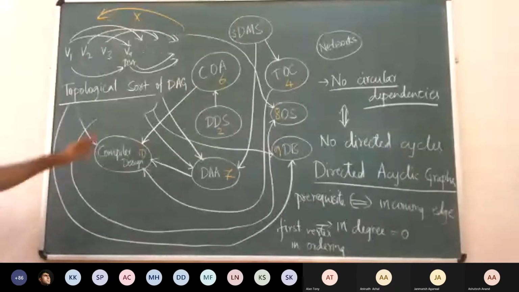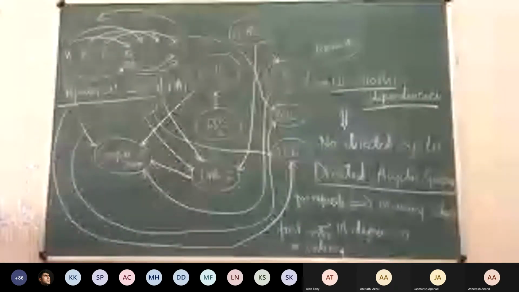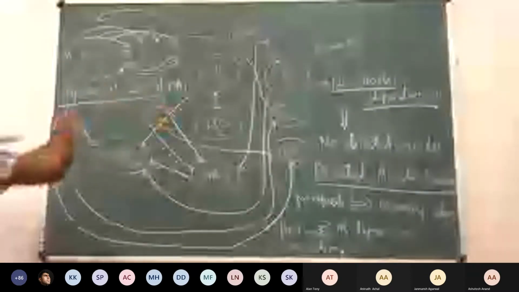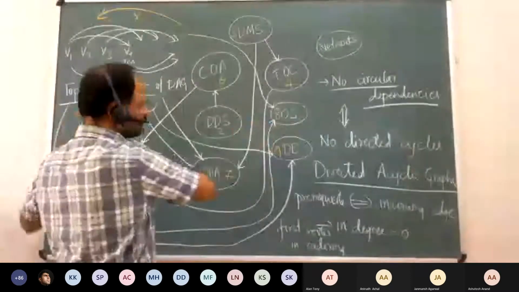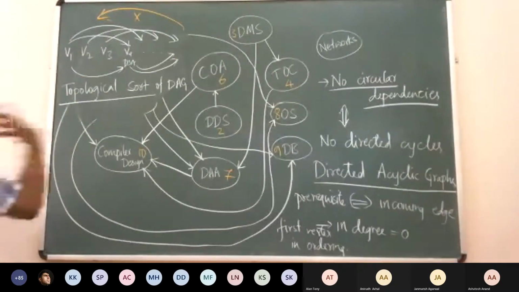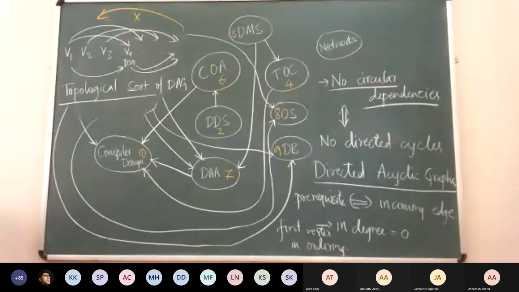This was a 2D drawing of the graph. Here, assume that we are drawing it on a single line, putting all the vertices on a single line. We also want all the edges to go from left to right. Can we order the graph in that manner? If we can, it is called a topological sort.